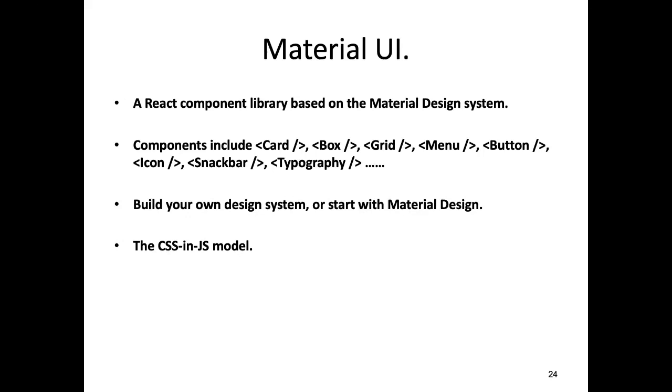So we'll have a card component, box, grid, etc. So rather than us trying to design these ourselves, we can just pick them from the library and tweak them. By tweaking, I mean you may want to slightly modify the default styling associated with them.